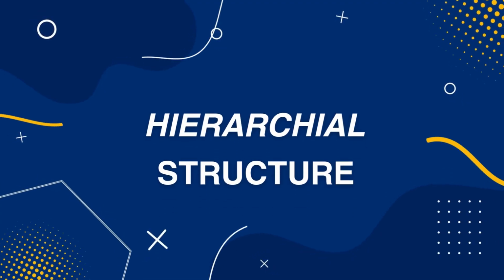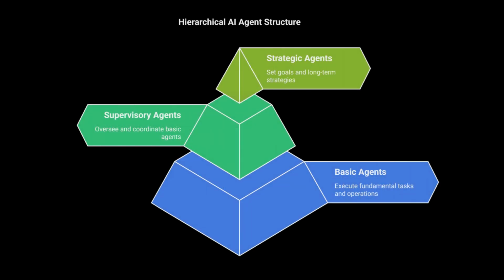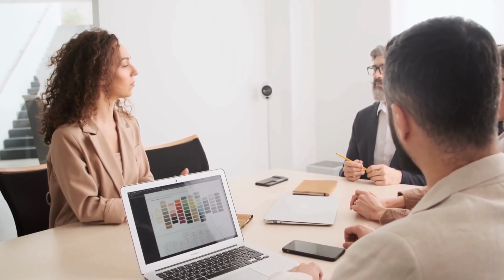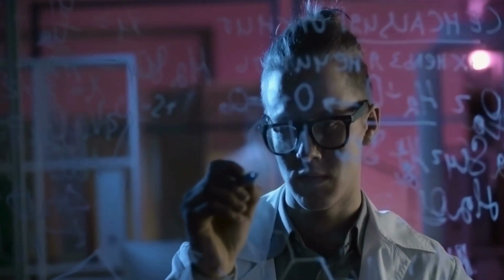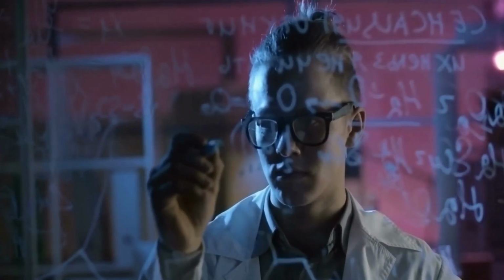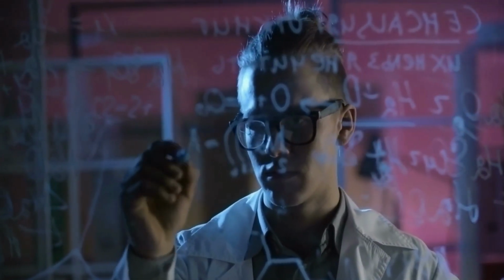Moving on to the next one, hierarchical structure. A hierarchical multi-agent AI system organizes agents in a layered structure where higher-level agents supervise and delegate tasks to lower-level agents. This is very similar to the structure that we see in IT companies. This structure enhances control, efficiency, and specialization in complex AI workflows.